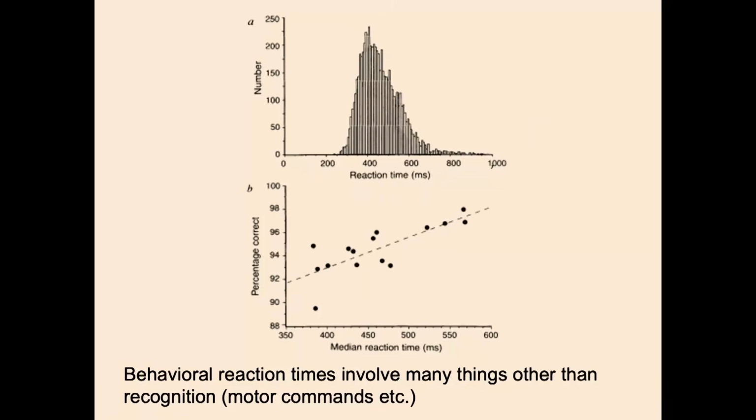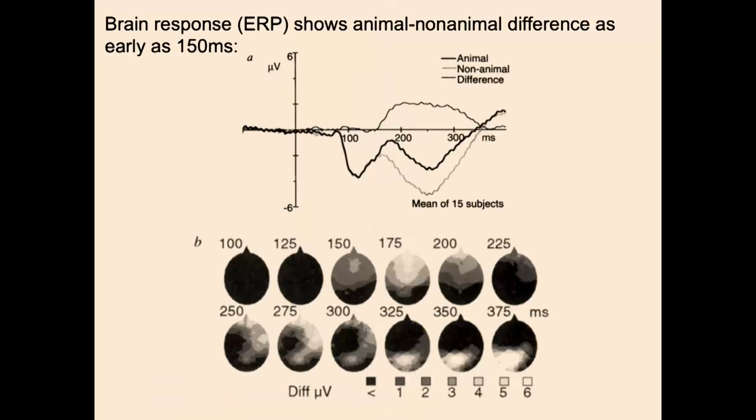And so what they did in this study was instead to just let the brain reveal when there was information about recognition made available. So this is a brain response called an ERP, or an event-related potential. And the way that you make this measurement is you put a bunch of electrodes on the scalp.